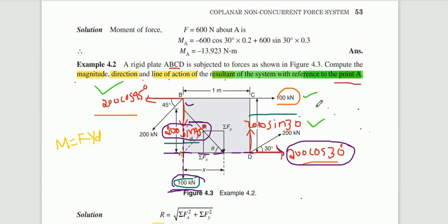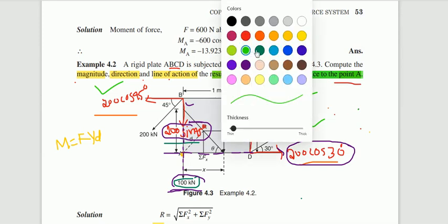Now concentrate on the 100 kilonewton force. What is the moment of this force about point A? 100 into 1. And what is the direction? Clockwise, so it is positive.